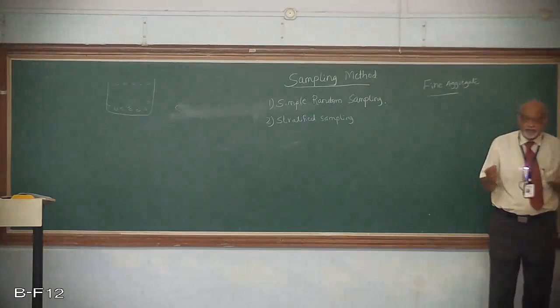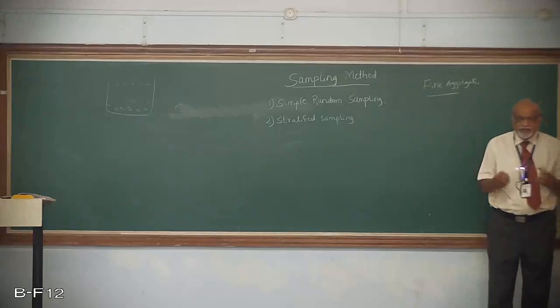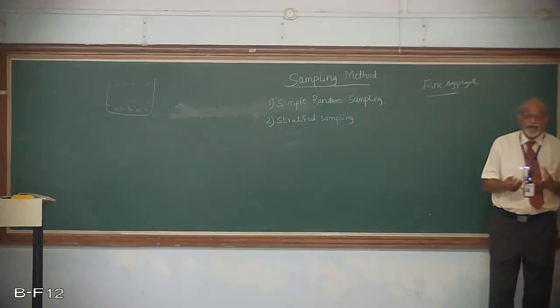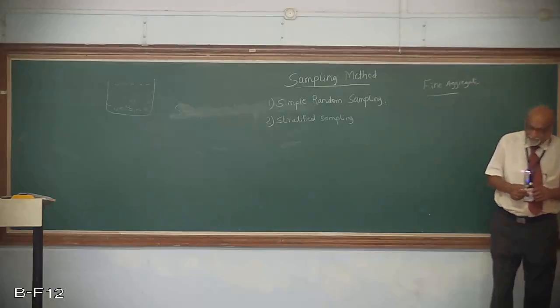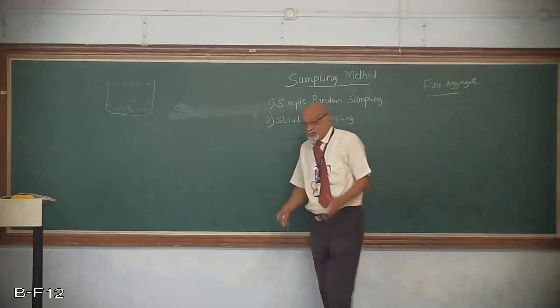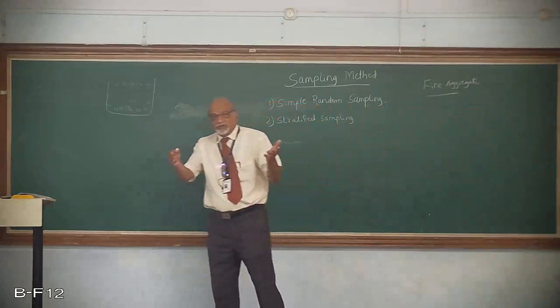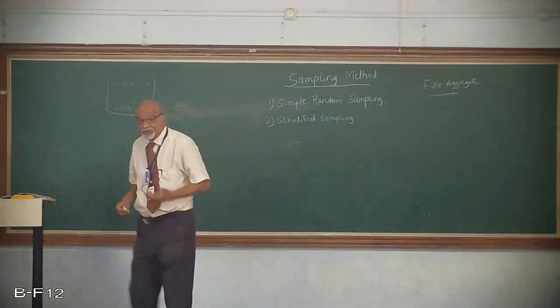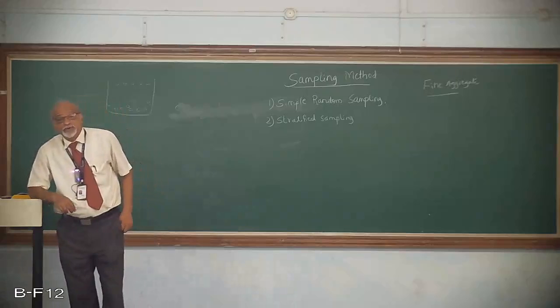Different strata, like I told you, water samples or oil samples, or sand samples, or a huge number of components of similar types that are kept. What will we do?